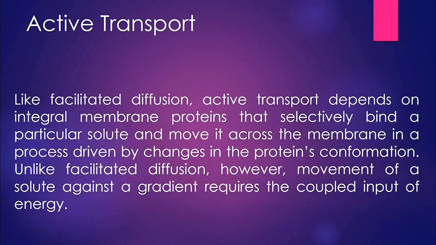Like facilitated diffusion, active transport depends on integral membrane proteins that selectively bind a particular solute and move it across the membrane in a process driven by changes in the protein's conformation. Unlike facilitated diffusion, however, movement of a solute against the gradient requires the coupled input of energy.